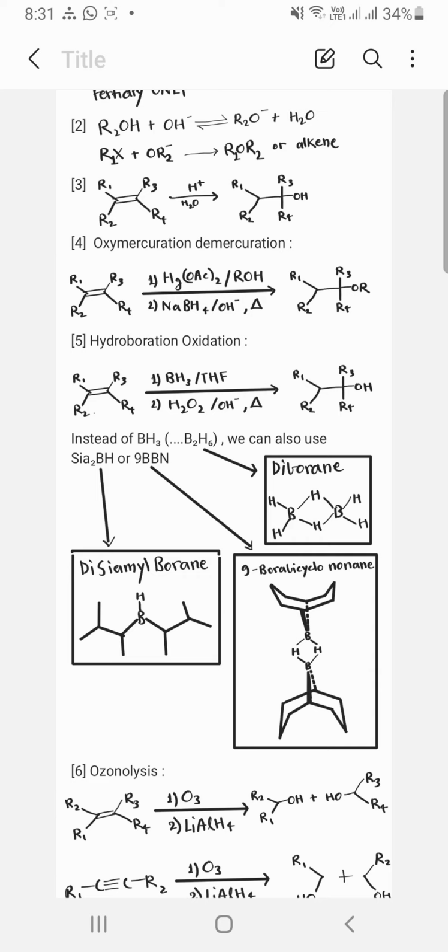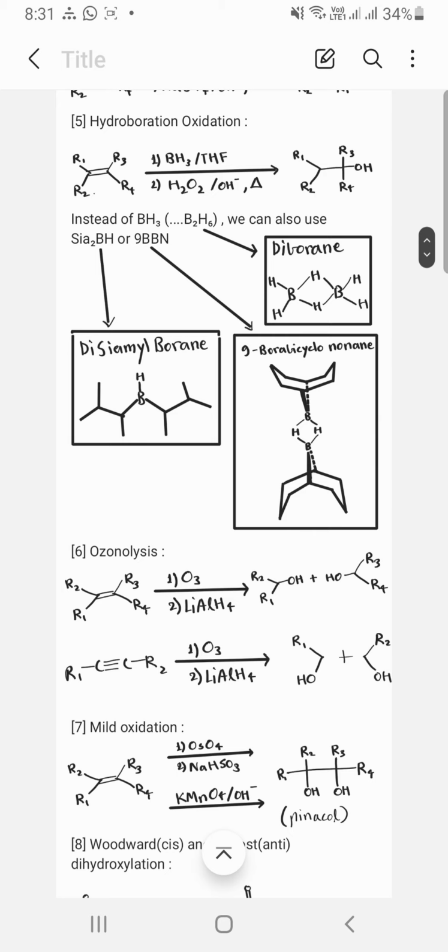Oxymercuration, demercuration, we know this. Yeah, so instead of BH3 we can also use disiamylborane, or 9-BBN. Fine. Diborane is more like an inorganic reagent, so maybe it's more expensive or something, I don't know. So we use these two weird things instead.